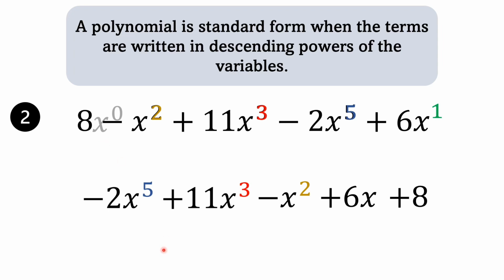So the standard form is negative 2x raised to 5 plus 11x cubed minus x squared plus 6x plus 8.